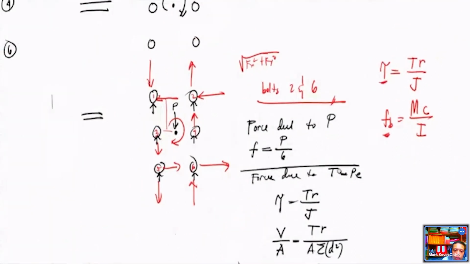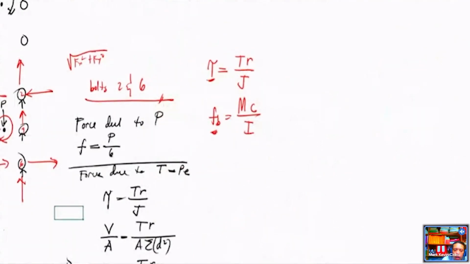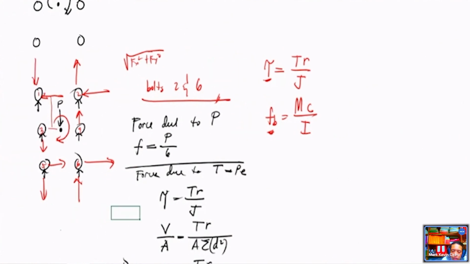Zoom out. What is our shear force? Force, there is stress, at bolt number 2. Our formula: shear force is equal to the torque times R over the summation of d squared.